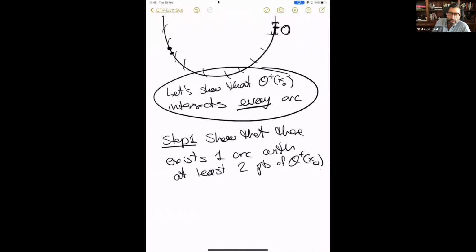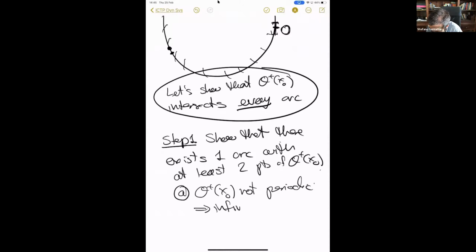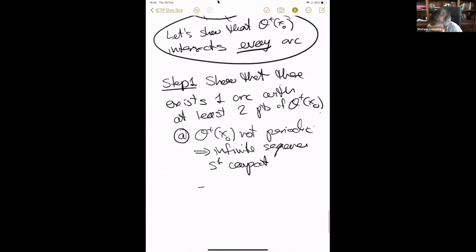That's right. So there are 2 ways to see this. One option is exactly what Eunice is saying. The orbit of x0 is not periodic, which means it's an infinite sequence. S1 is compact, and therefore there must exist a converging subsequence.